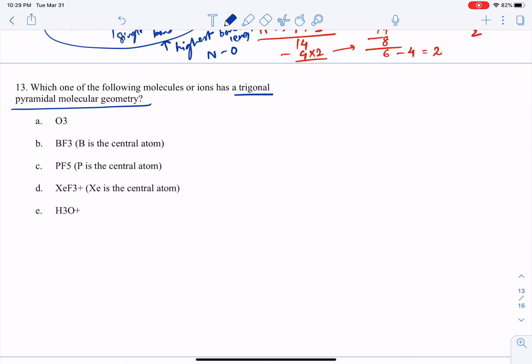I'm not wasting too much time making and counting the electrons, just doing it. So oxygen, and here there is a slightly positive charge, here a negative charge, and there's a resonance structure.